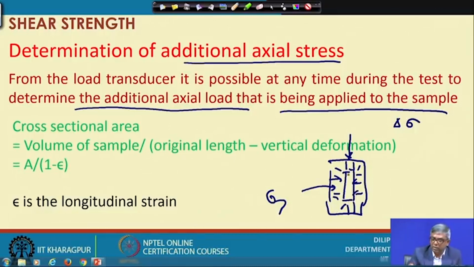And another thing is, when the sample is loaded with axial load, it will compress and shorten, and because of this shortening there is a chance of change in diameter.